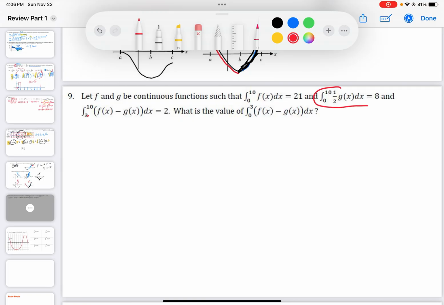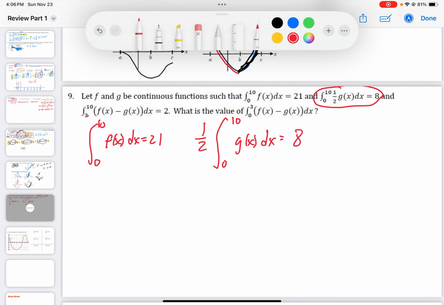Well, this is weird. So I have the whole thing of f of x is 21. Let me write the dx. But for the whole thing from 0 to 10 of g, if I take that 1/2 out and put it in front, this would be 8 multiplied by 2.